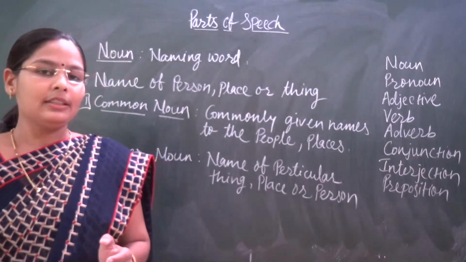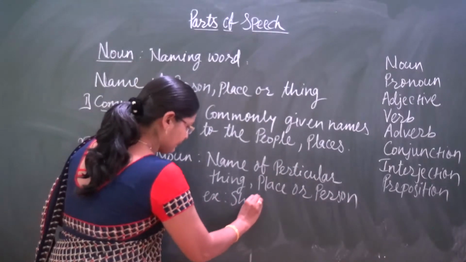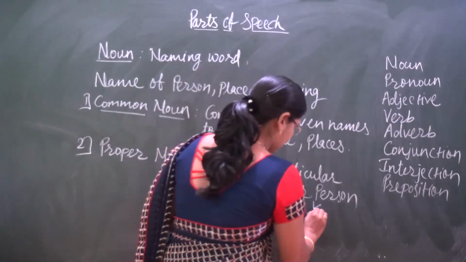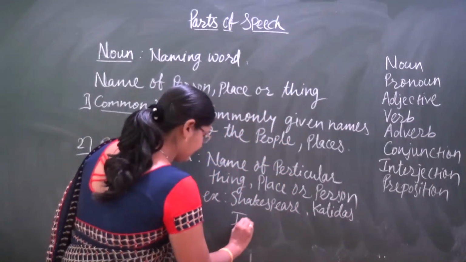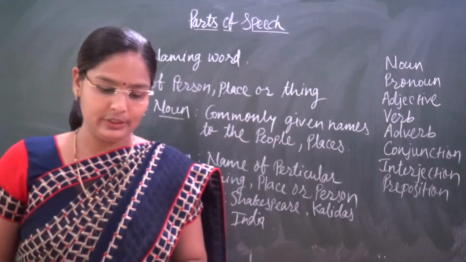For example, Shakespeare, Kalidas, India. So these all are proper nouns.